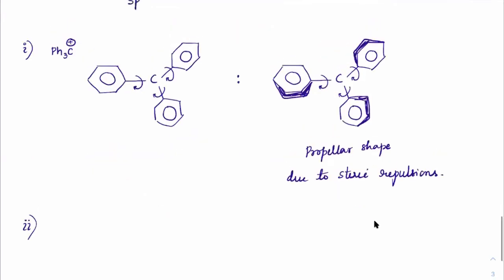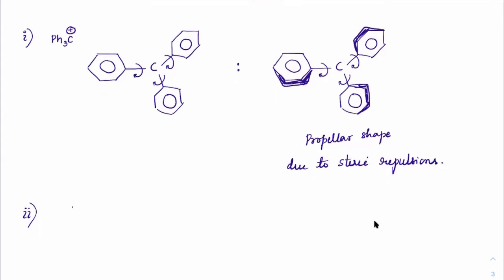The second type of carbocation you need to be aware of is the carbocation which already has a double bond present on it, like this, CH and some R. On this carbocation, this carbon already has one pi bond, one sigma bond here and one sigma bond here.